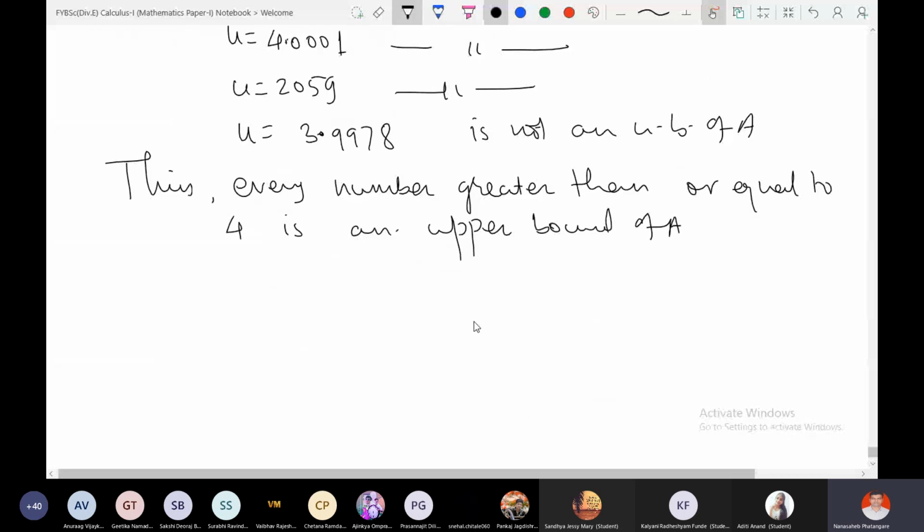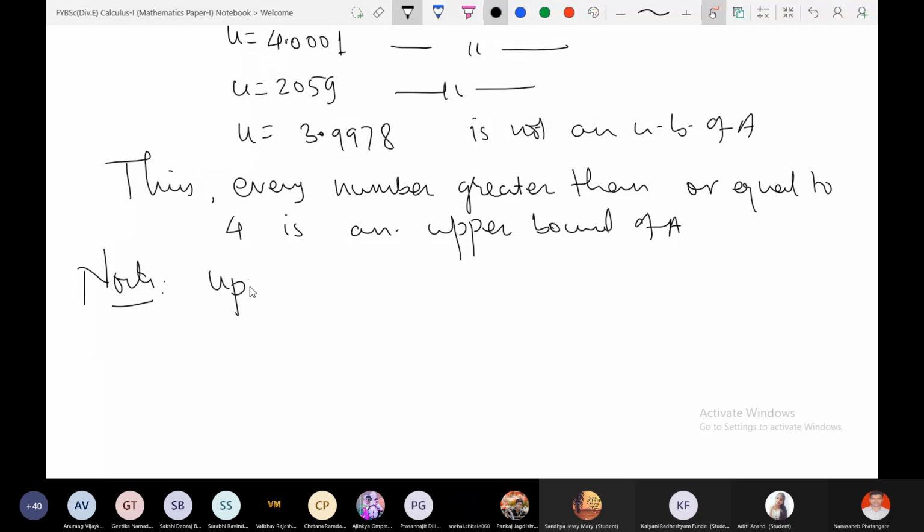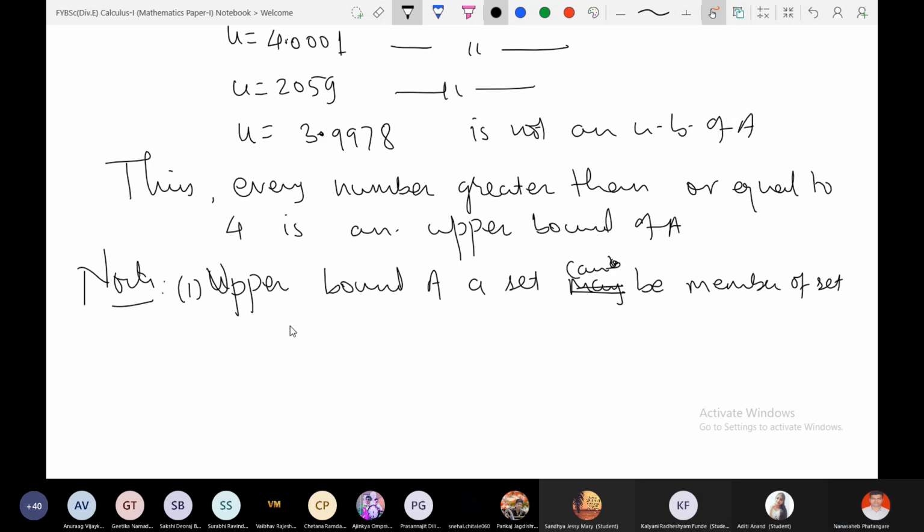And note that an upper bound of a set can be a member of the set or cannot be a member of the set.